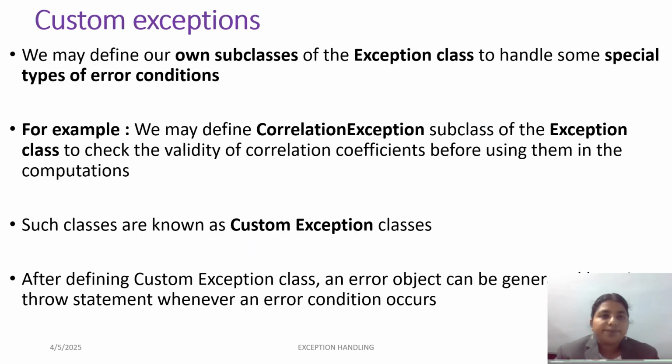Moving to the next topic on custom exceptions. We may define our own subclasses of the exception class to handle some special types of error conditions. For example, we may define the correlation exception subclass of the exception class to check the validity of correlation coefficients before using them in computations.